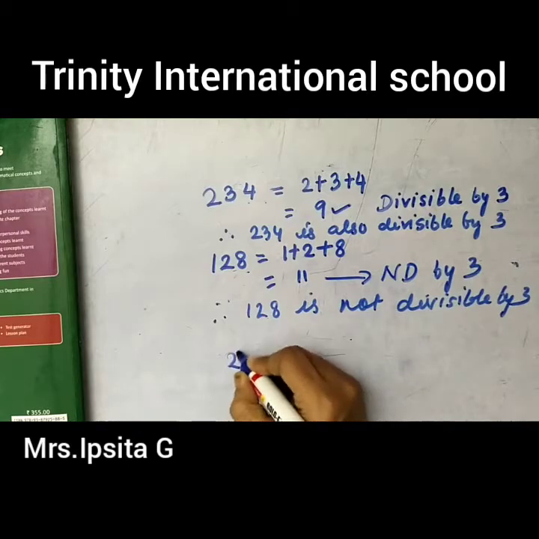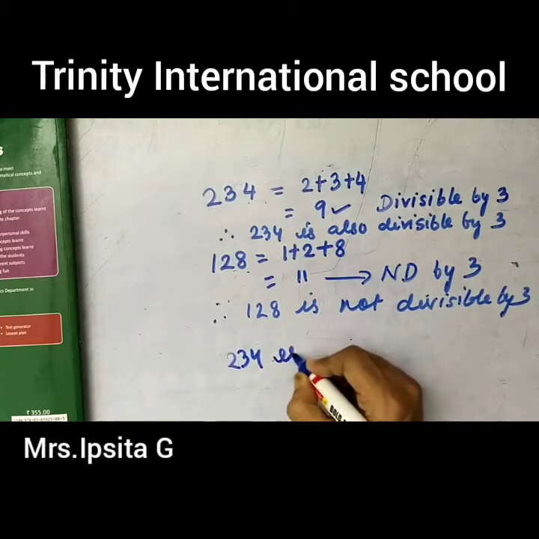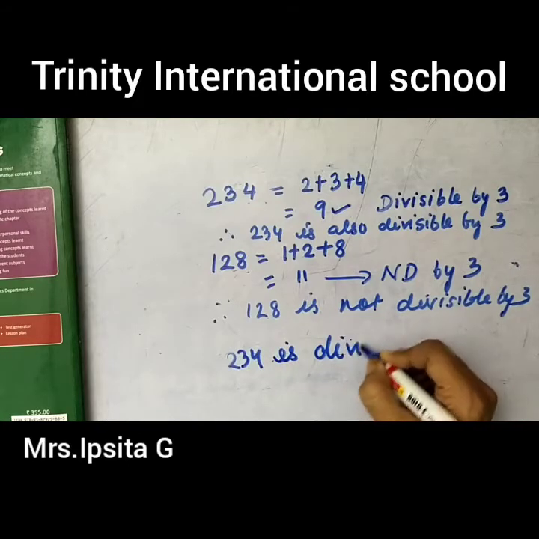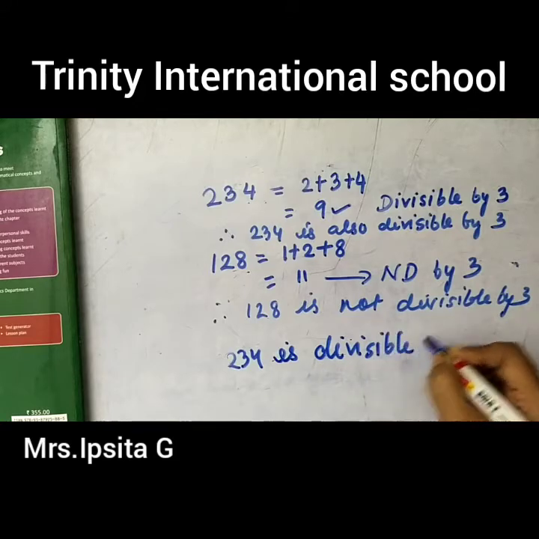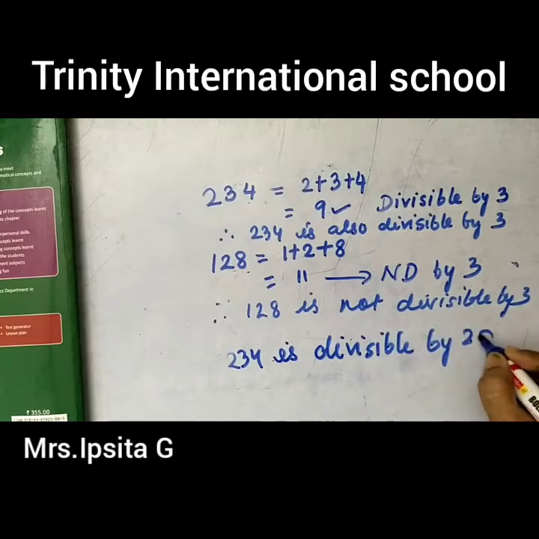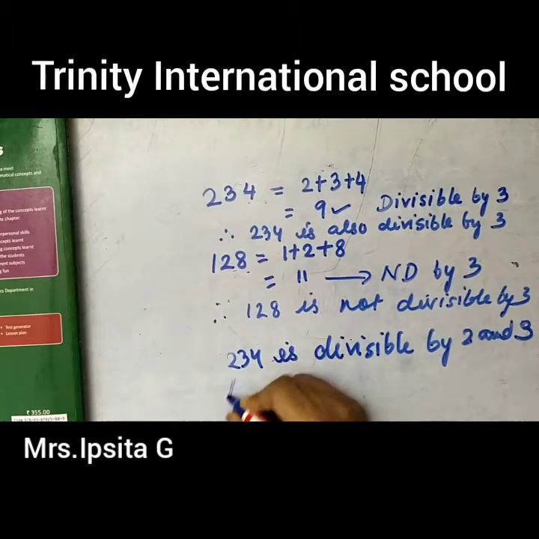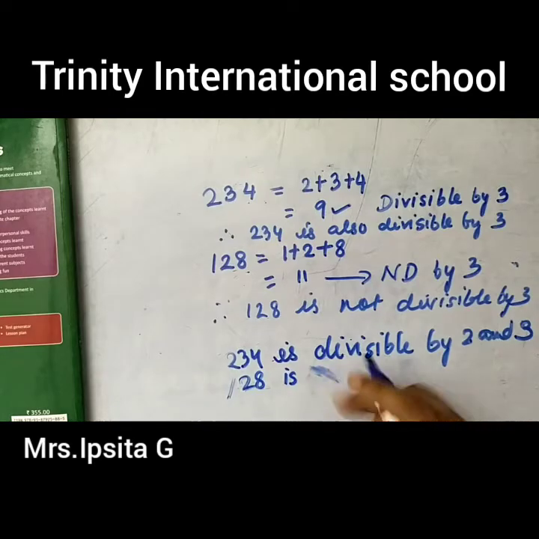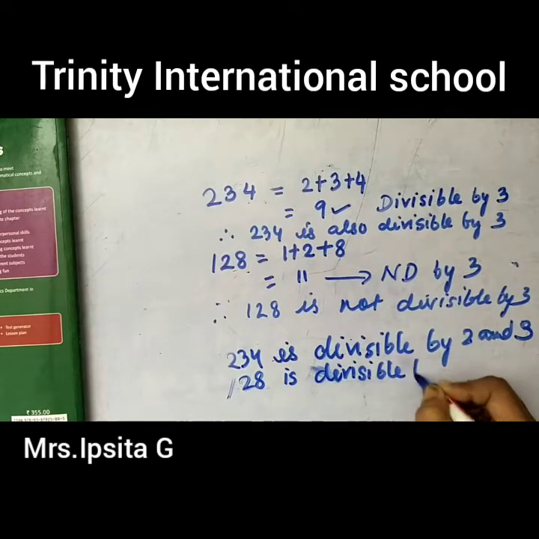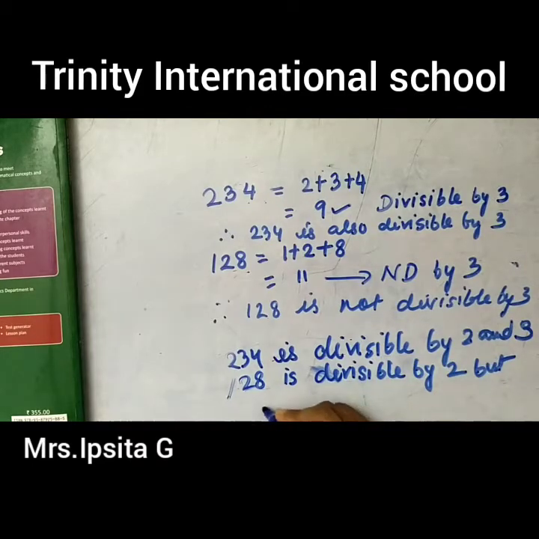So you can say that 234 is divisible by 2 and 3. But what about 128? 128 is divisible by 2 but not with 3.